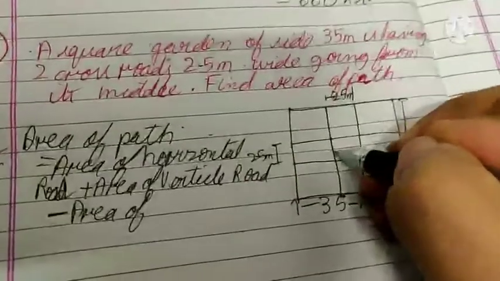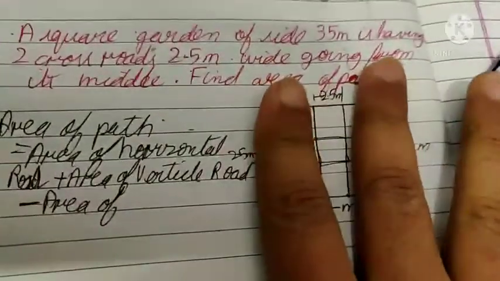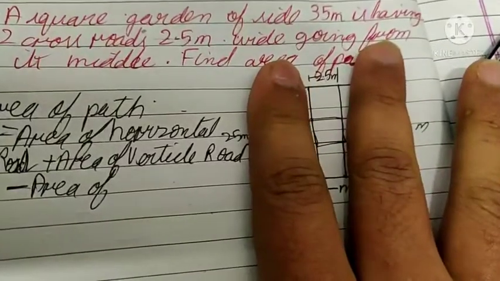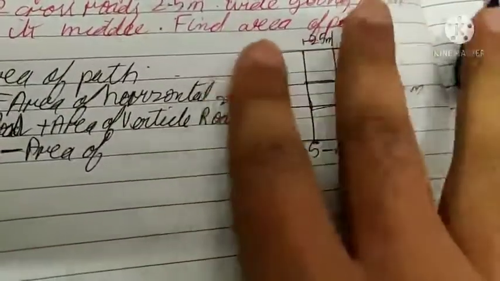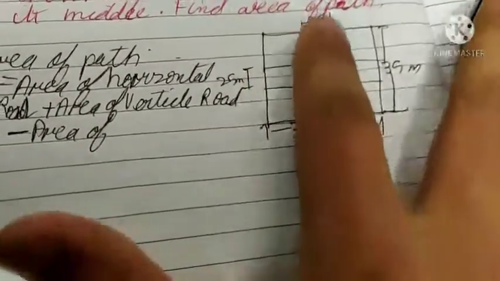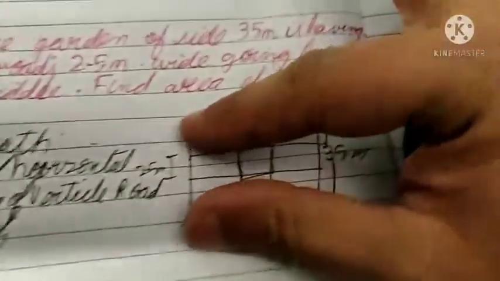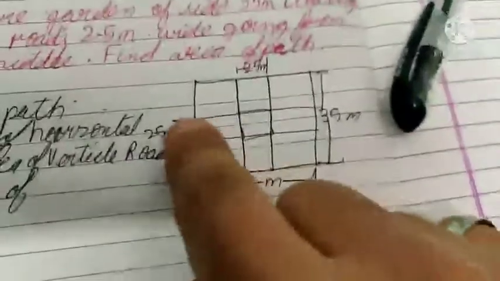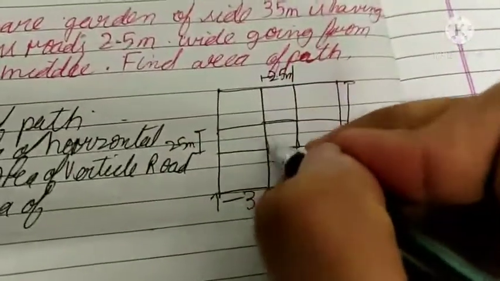Why do we subtract this area? Look, when you calculate the area of this straight path, you get the area of this complete path, and while you calculate the area of this rectangle in between, you get the area of this complete path too. When you calculate the area of this path, this box will come twice.